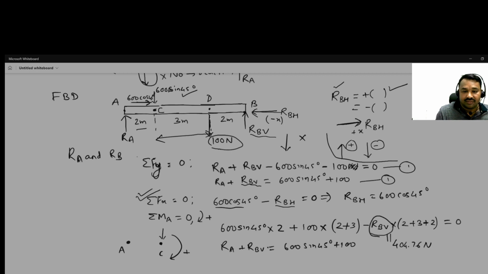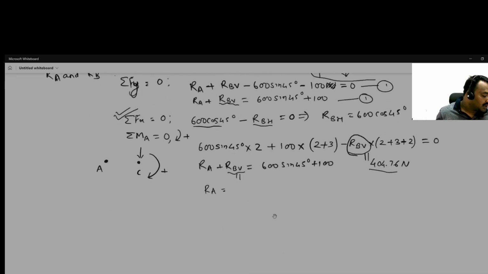Okay, so this value we have to put in this one here, then we will get the RA and that is equal to 319.5 Newton.